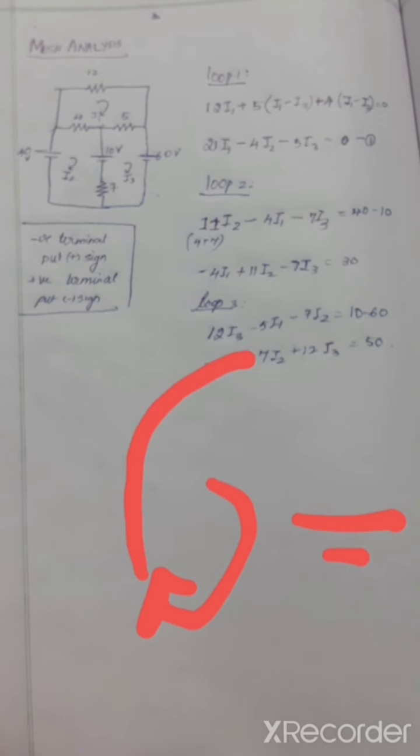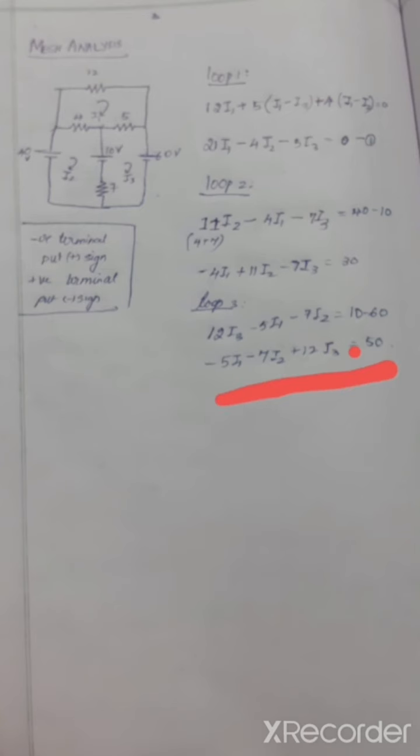While traveling in clockwise direction, you first meet your positive terminal, correct? So if you are meeting your positive terminal, then you have to put a negative sign, so you get minus 60 over there. So 10 minus 60 is minus 50. So rearranging the equation, you get this equation.